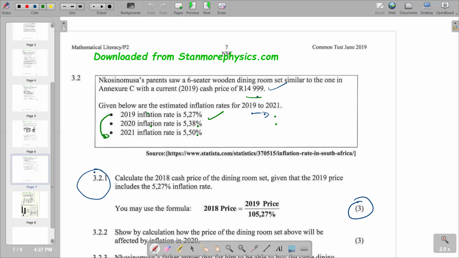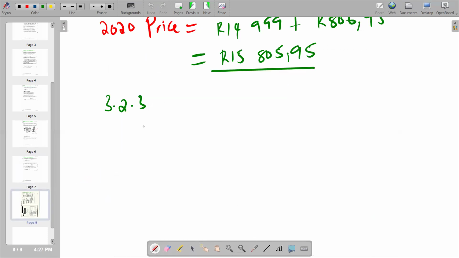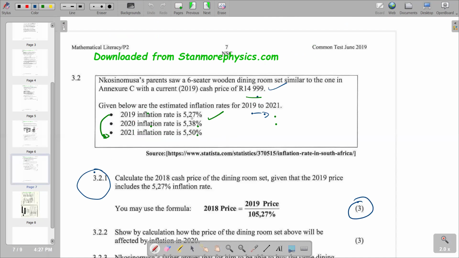So from 2019 to 2020, we can summarize the 2020 increase as 5.38 as our percentage times 14,999.